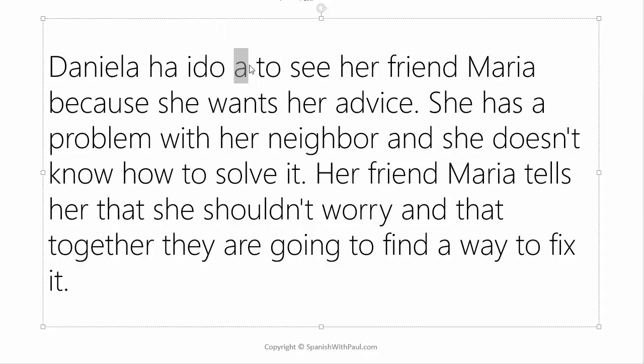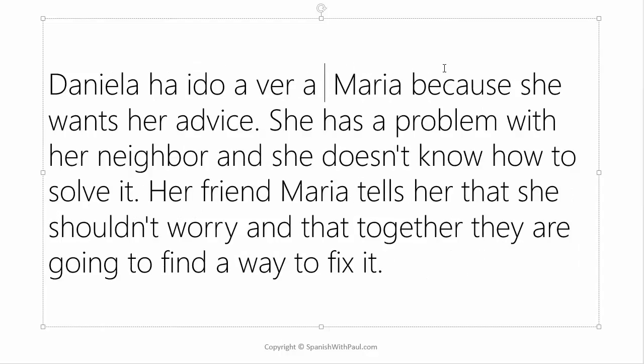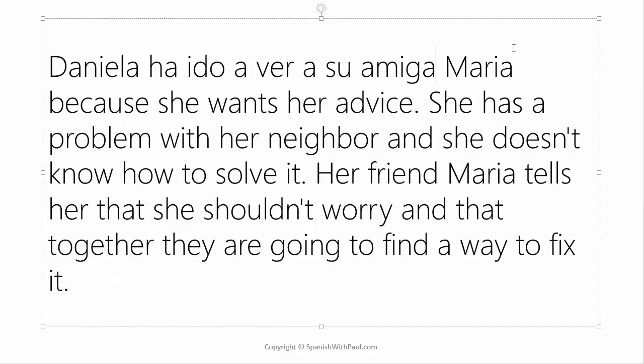So has gone to see, the verb here is ver, and here we have to throw in the personal a. Very easy to forget that, right? Because here we have a verb followed by some type of a person. So a, and then it's going to be su amiga, amiga because it's Maria, right? So feminine. So we have Daniela ha ido a ver a su amiga Maria.